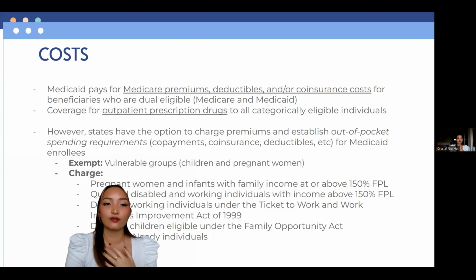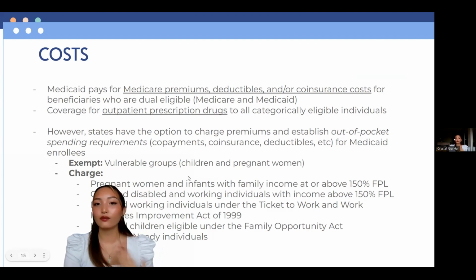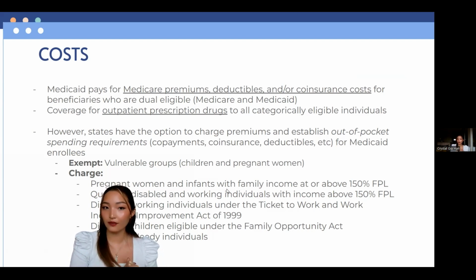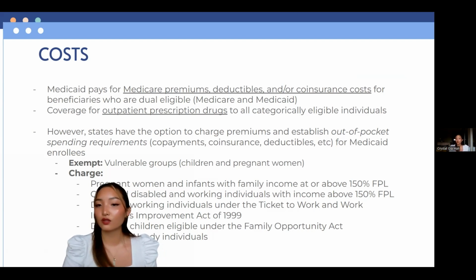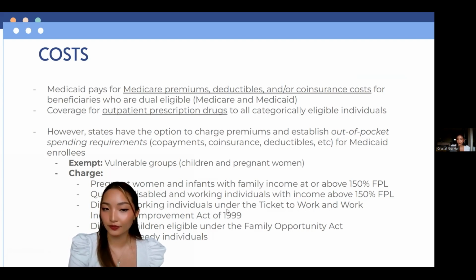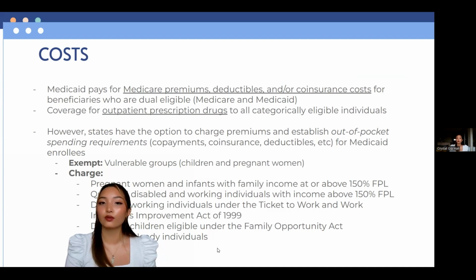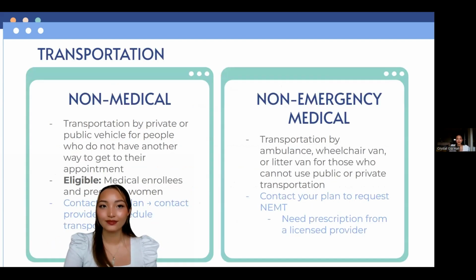For example, right here, pregnant women and infants with family income at or above 150% FPL, qualified disabled and working individuals with income above 150% FPL, disabled working individuals under the Ticket to Work and Work Incentives Improvement Act of 1999, disabled children eligible under the Family Opportunity Act, and medically needy individuals are susceptible to being charged premiums and out-of-pocket expenses.